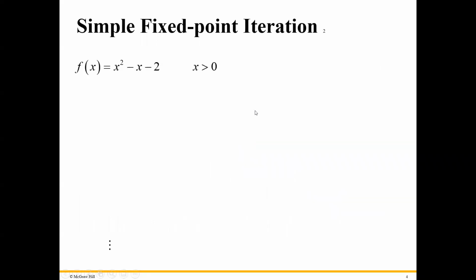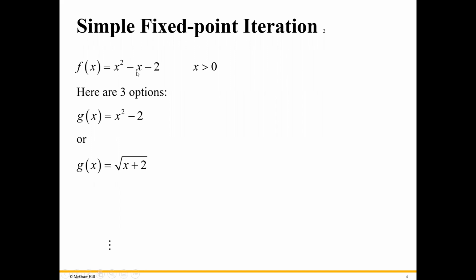Okay, so there are several ways to write this. One of the ways that we can write it is like this: x square minus 2, and then we take x on the other side. In that way, the function g(x) will become x square minus 2. Or another way can be like this.